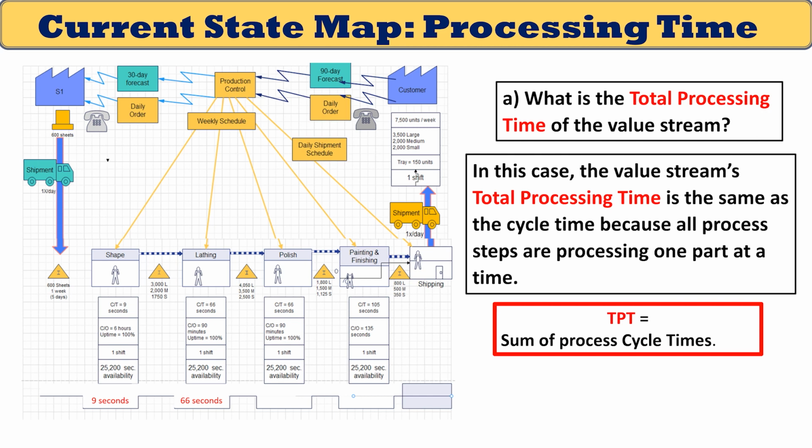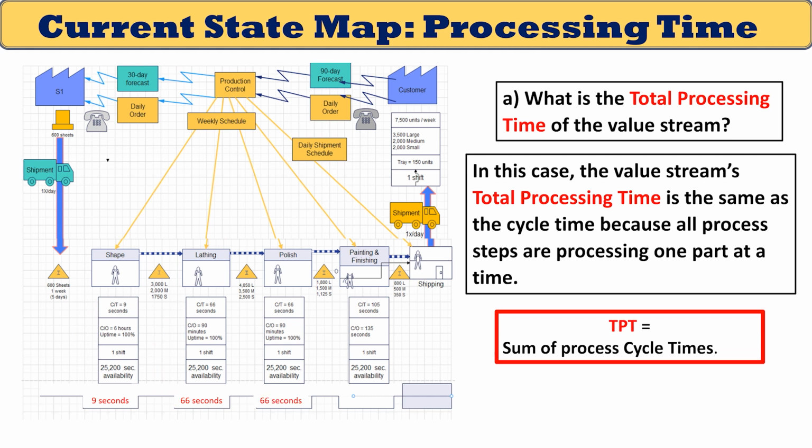The next one is the lathing step. We add the lathing process step's cycle time of 66 seconds, and we also report that here. The first one was this one, which we reported here. We continue with the next step, which is polish.